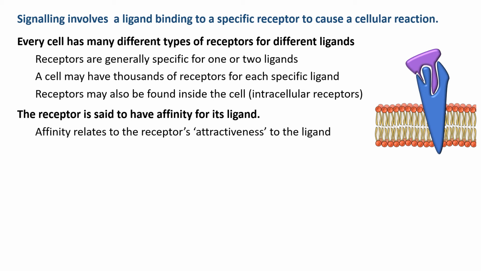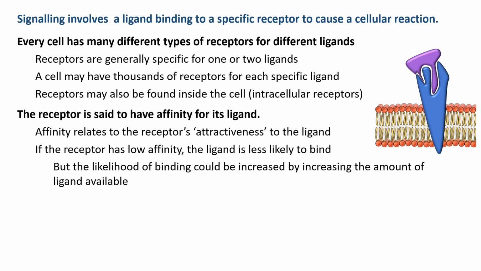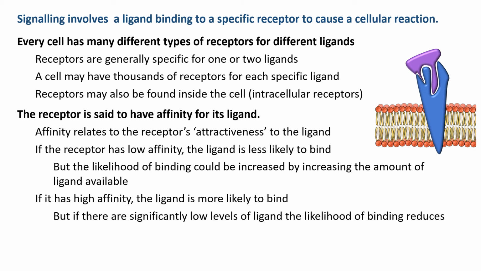Receptors are said to have affinity for their ligand. Affinity you could interpret as the receptor's attractiveness to the ligand. So if the receptor has a low affinity, the ligand is less likely to bind. But you could increase that likelihood if you increased the amount of ligand available. If the receptor has a high affinity for its ligand, the ligand is more likely to bind.